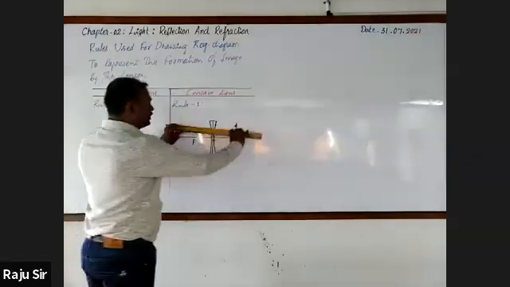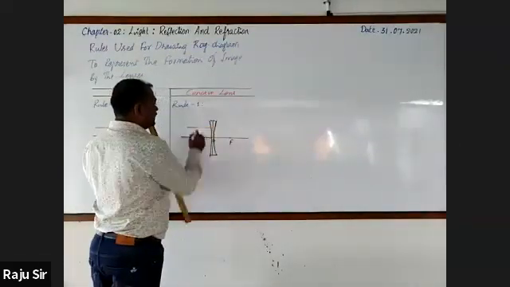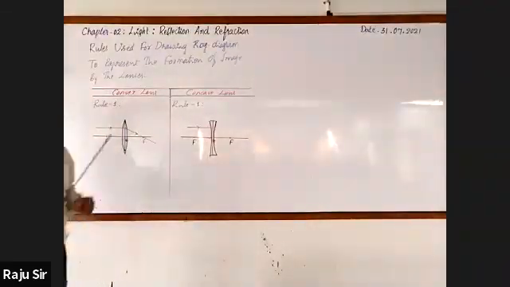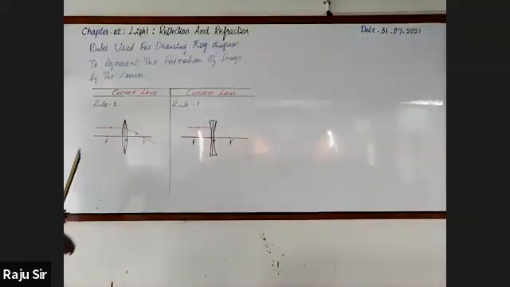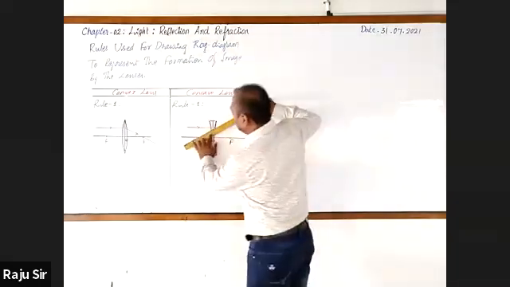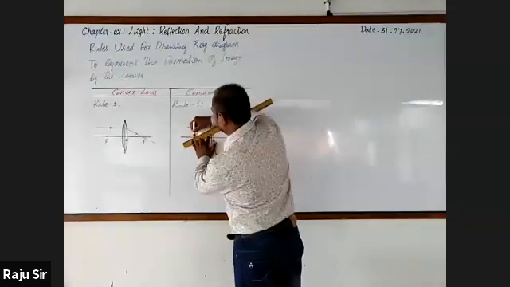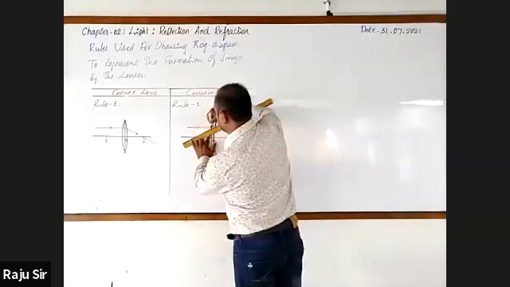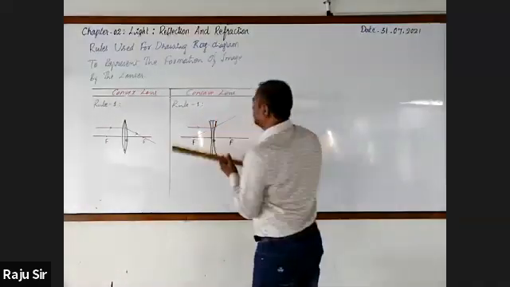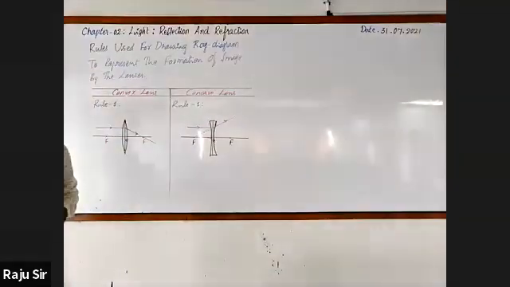Next, with respect to concave, the ray of light coming from the object, incident on the lens parallel to the principal axis, appears as if it is diverging from a point on the same side as the object. This is the first rule.